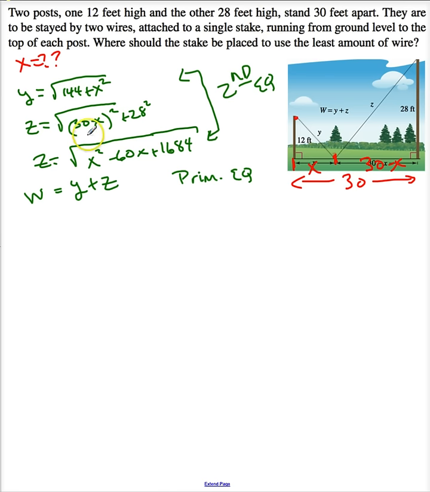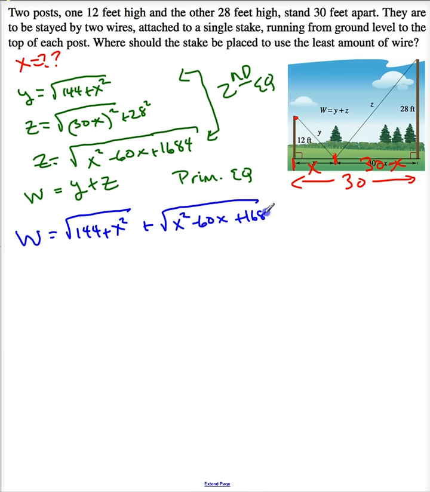So the next step, I want to solve this for w. So w is the square root of 144 plus x squared plus the square root of x squared minus 60x plus 1684.